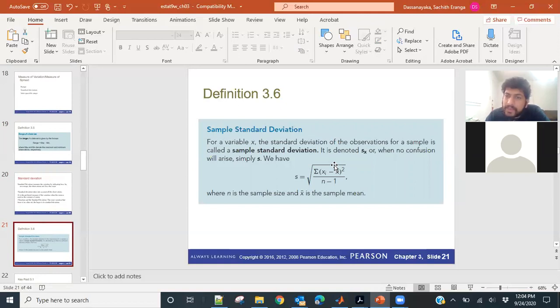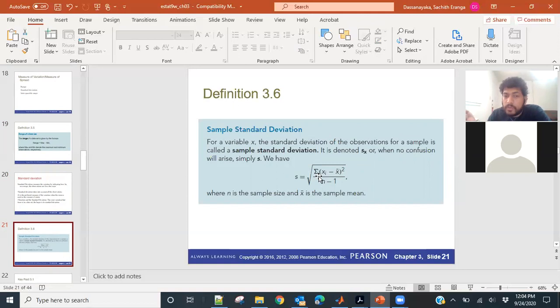We denote the sample standard deviation by a simple s. So s is the square root of the summation of xi minus x bar squared, divided by n minus 1. Here n is the sample size, x bar is the sample mean, xi is a particular observation, the ith observation.